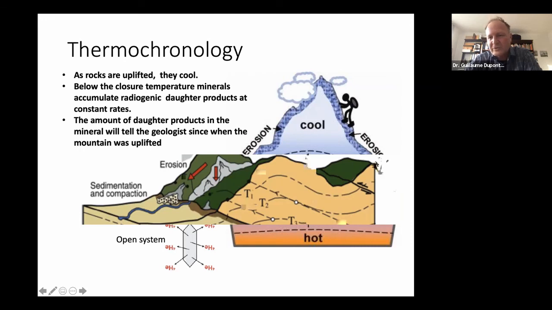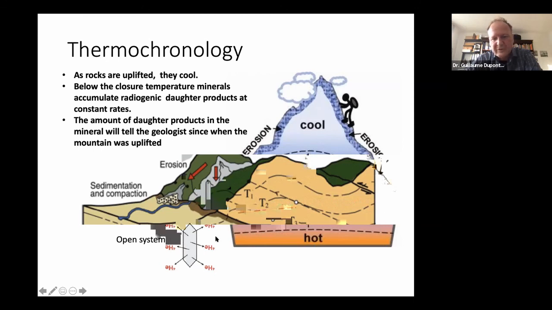And so geologists can go and collect rocks through this profile. What happens in detail, and that's where you mentioned we could use C14 techniques, and that's exactly what we do, except it's not C14. So you have crystals, and when they are hot, they are open actually.